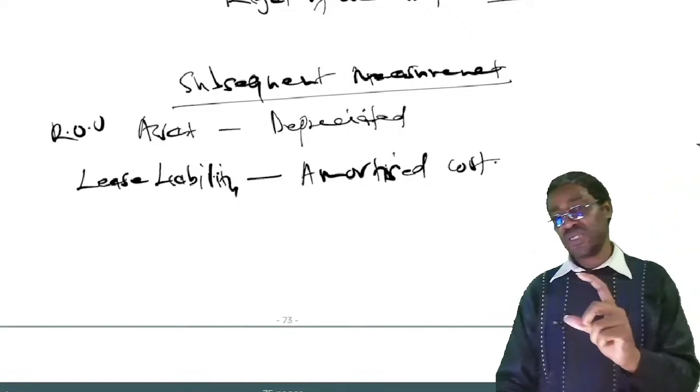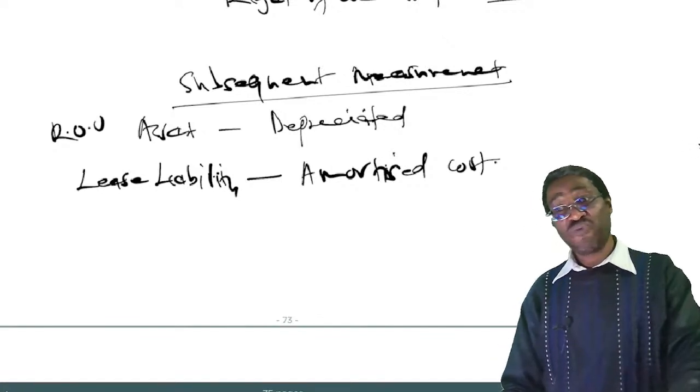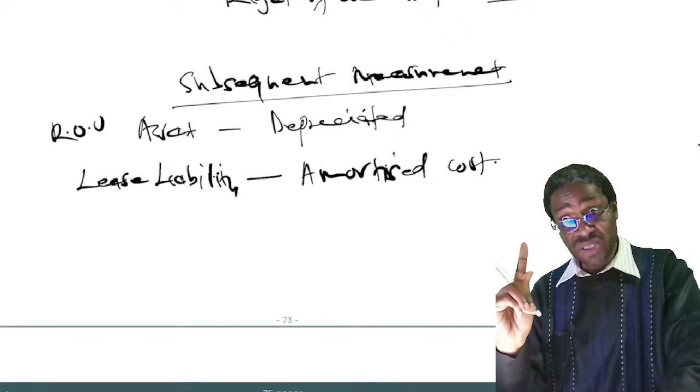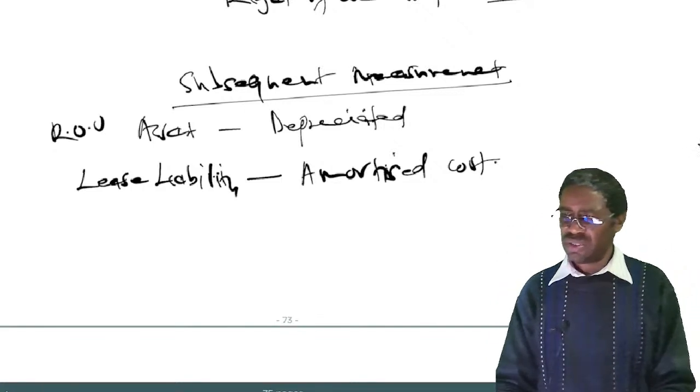Now, for the asset, I want to explain another key point. For the asset, which has to be depreciated, listen. The question is this.